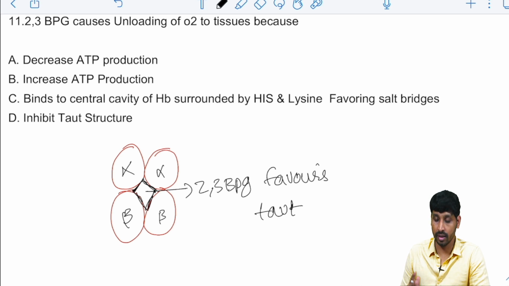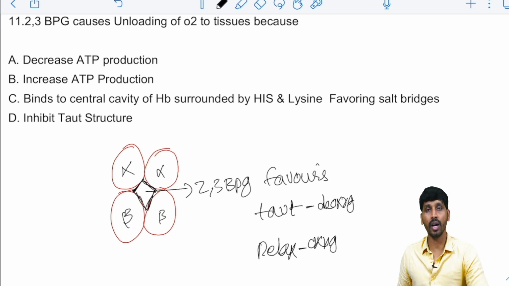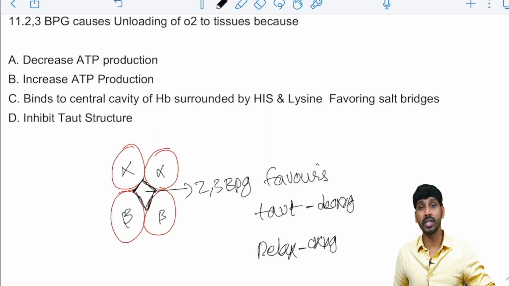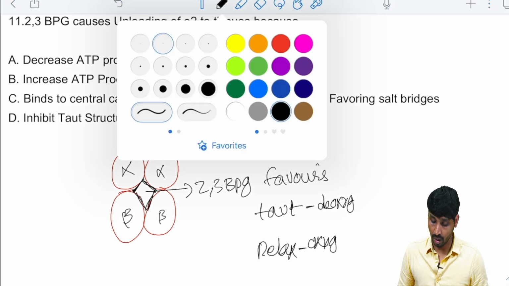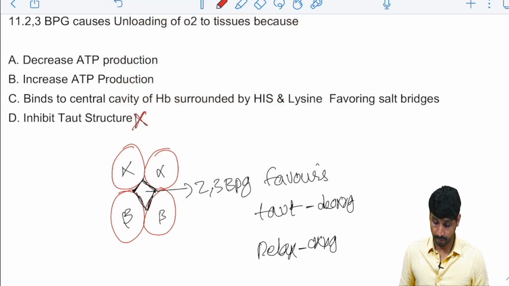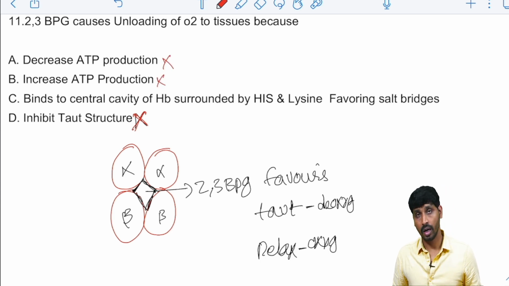There are two conformations of hemoglobin, the tense (T) and the relaxed (R). The T form favors deoxygenation, whereas the relaxed form confers oxygenation. So 2,3-BPG is going to form the T state, it is not going to inhibit the T structure, so one option is ruled out. It has nothing to do with ATP production, so the first two options are also eliminated.